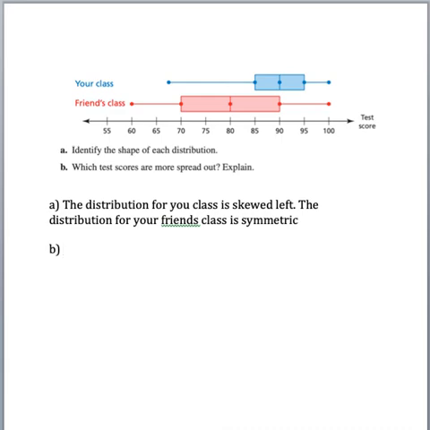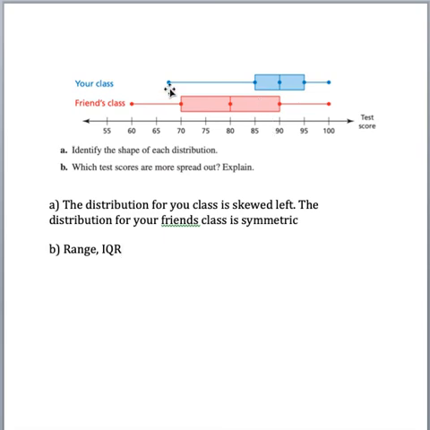Explain. When you're talking about spread, you want to look at the range, both the range and interquartile range, which I should abbreviate IQR since I'm having trouble spelling. IQR are what you want to look at to see spread.